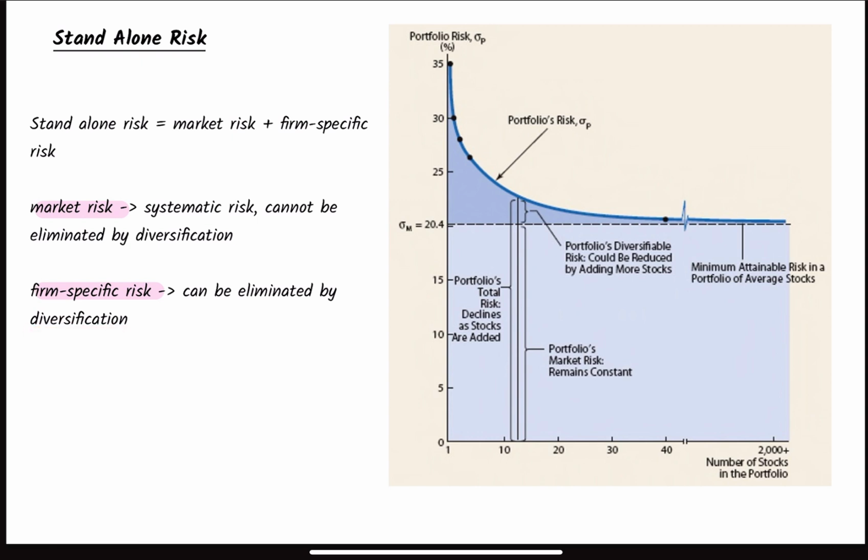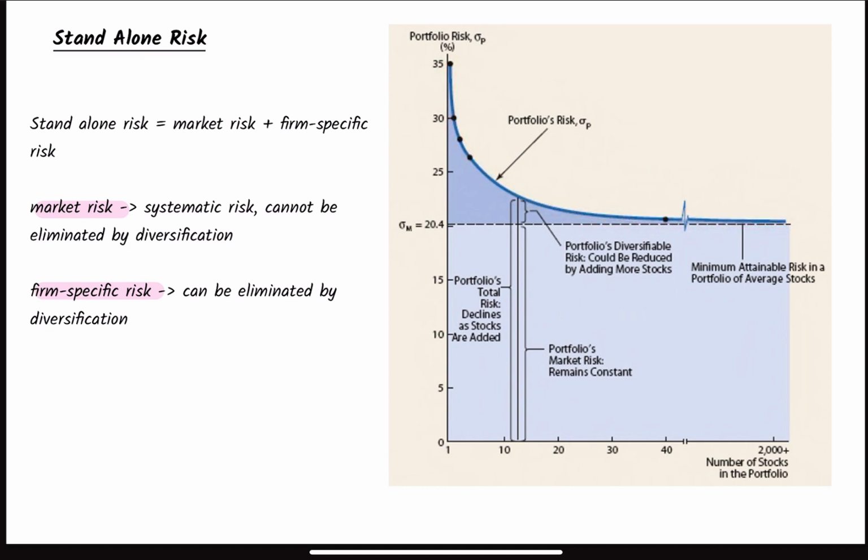The more different types of stocks and the greater the number of stocks in your portfolio, we can see that this firm-specific risk decreases over time. The market risk stays the same, but as we increase the number of stocks in the portfolio, our firm-specific risk decreases because we have more stocks.